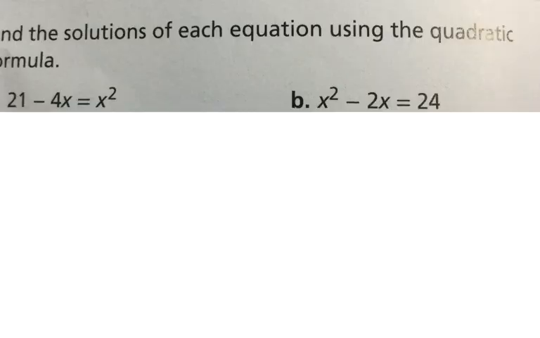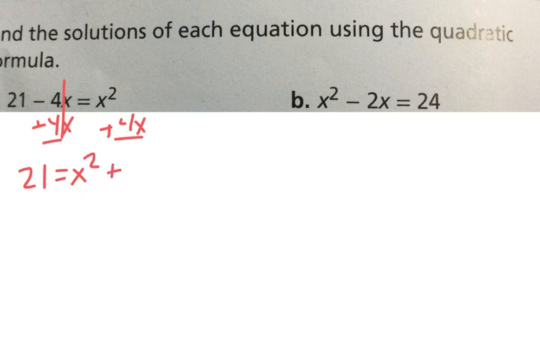So for me, what I would do is I would add 4x to both sides. And so now that's going to be 21 equals x squared plus 4x. Right? And then subtract 21.